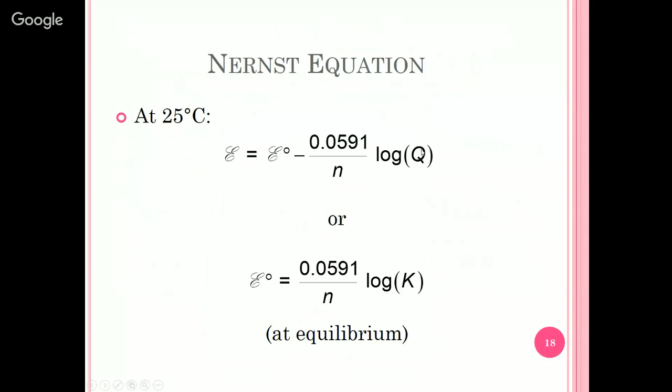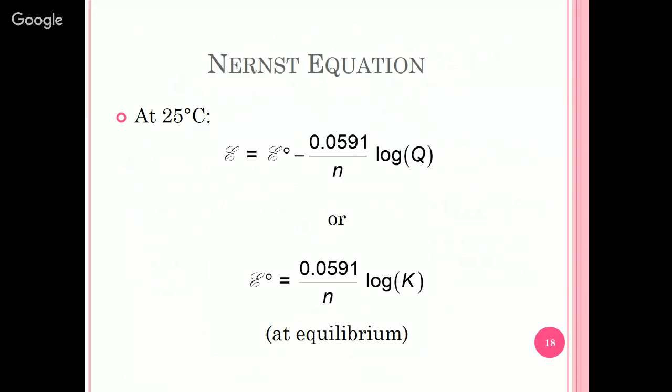When Q is really small, the log of a really small number is negative. So we would have something negative times something negative, which becomes positive. So we can increase our cell potential when the ratio of our products to our reactants is really small. This means that we need to have more reactants than products.